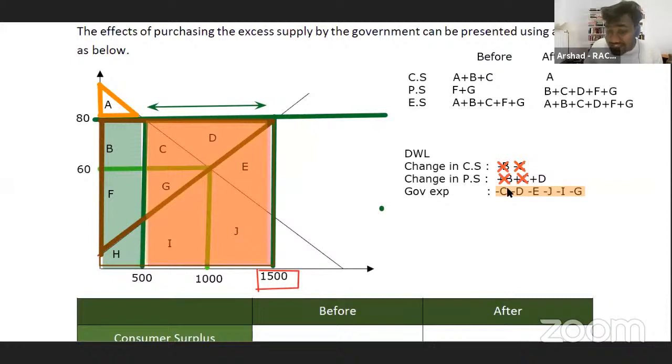Government is giving D, the letter D they're spending. The producer is getting that D. There's a plus D. Cut off. But if you look at these parts over here, the C, the E, J, I, and G, those areas, government is spending, no one is getting. That is your deadweight loss, right?